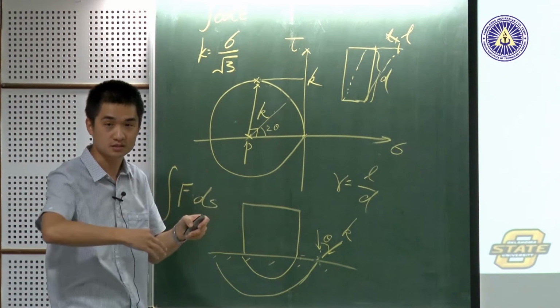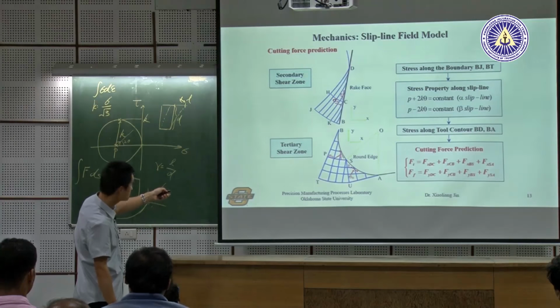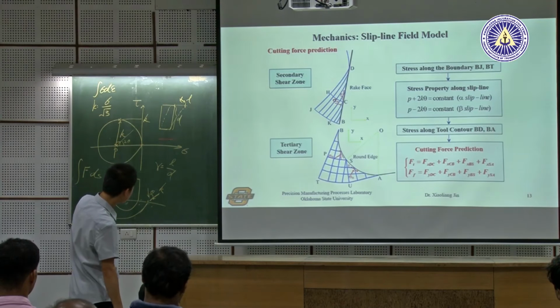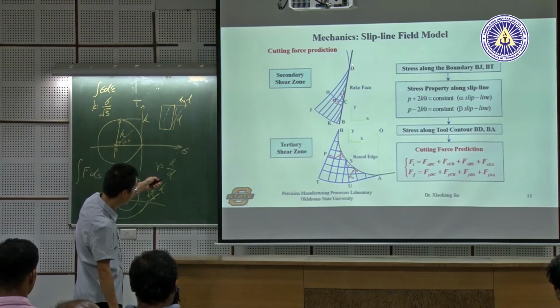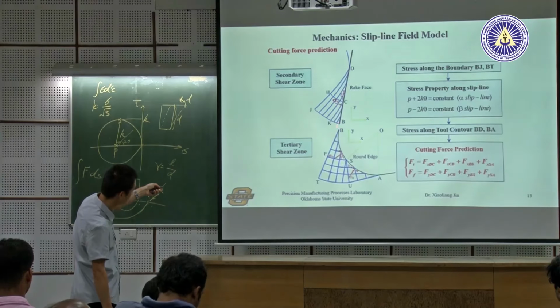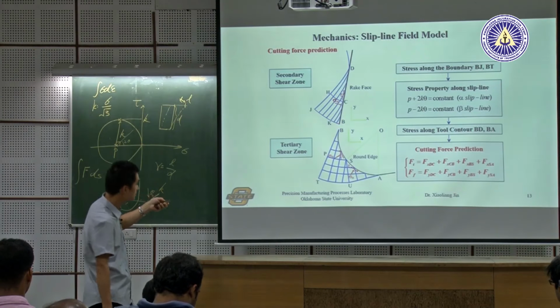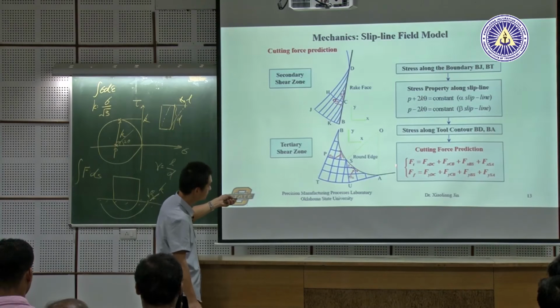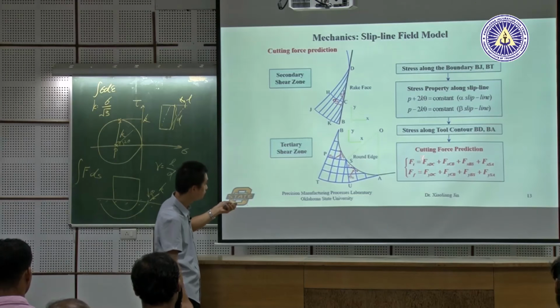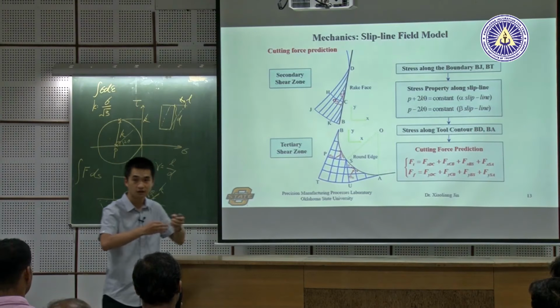Okay, so after that, we're able to know the stress situation, or stress Mohr circle, along any point on the rake face and the tool edge. Based on that, we're able to predict the cutting force. As we know, the cutting force is basically the integration of the stress along the tool edge, right?